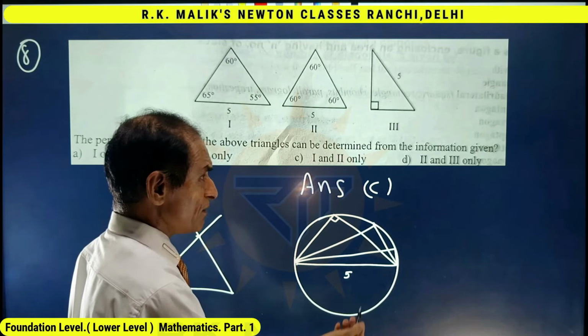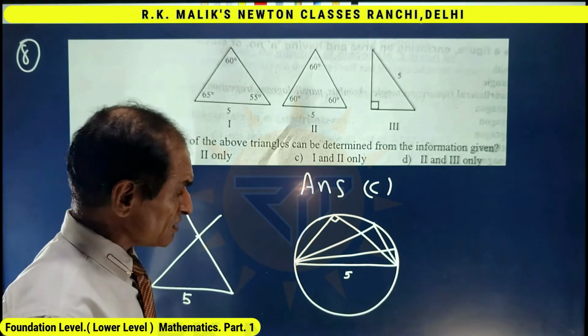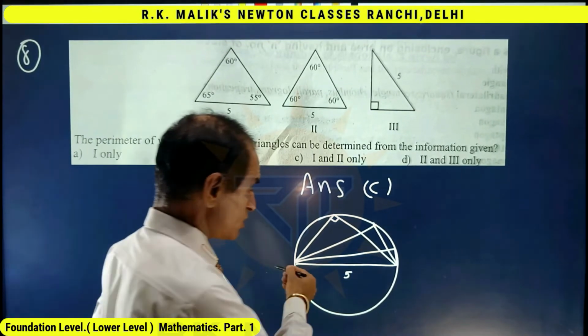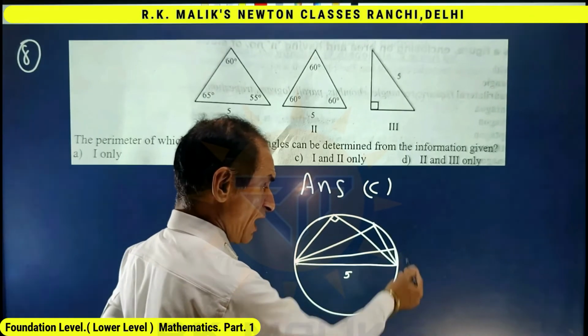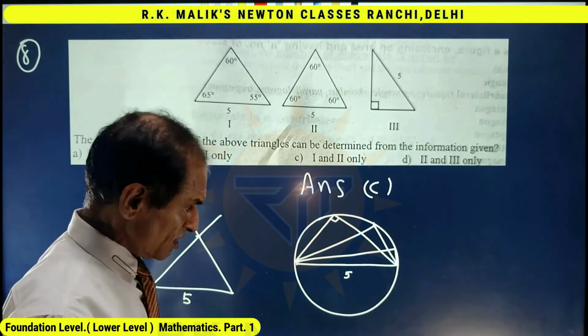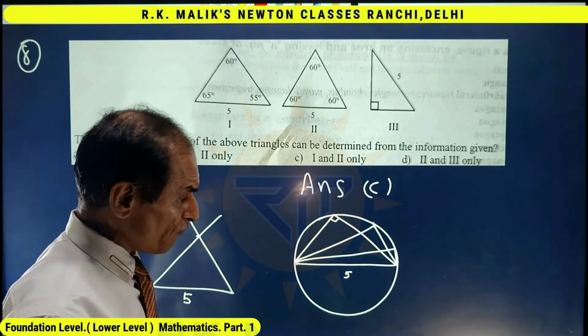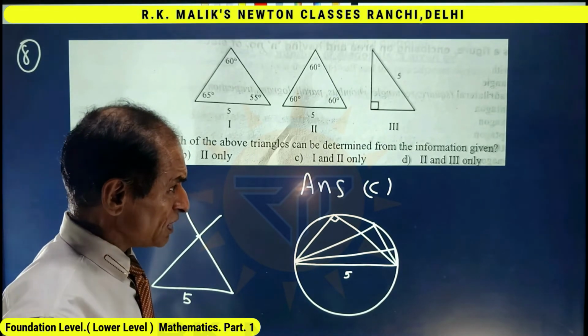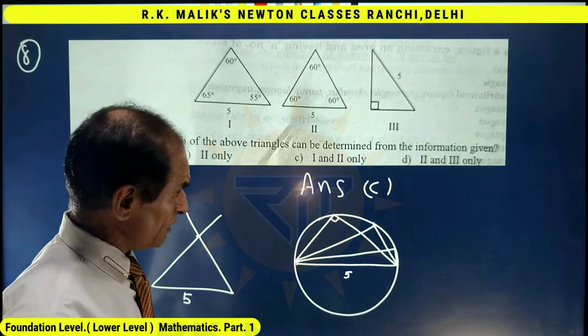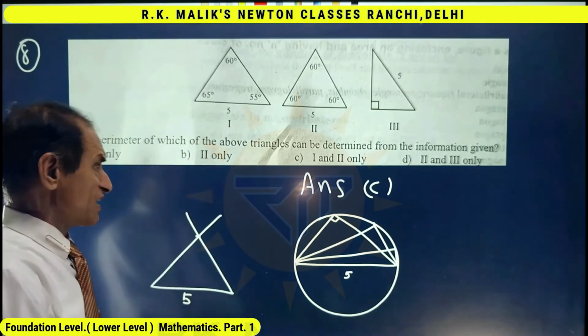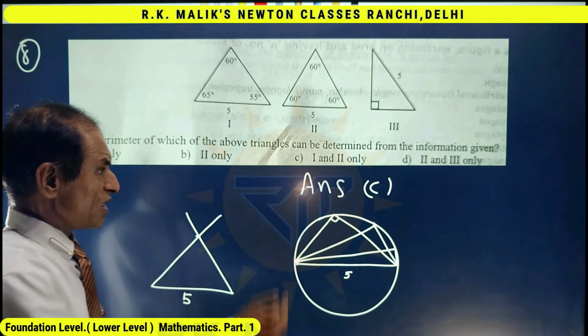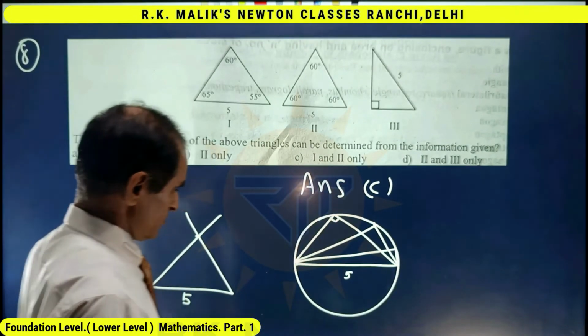That is, I can say an infinite number of triangles are possible with the hypotenuse 5 and the angle at the vertex 90. And because an infinite number of triangles are possible, therefore the perimeter can be anything. Therefore a fixed triangle is possible only in the first and second case. Hence the correct choice becomes C.